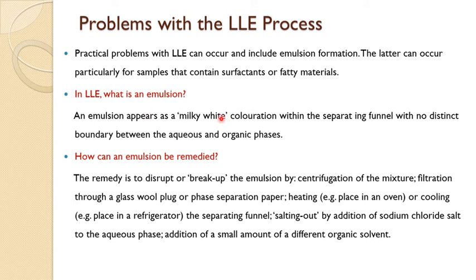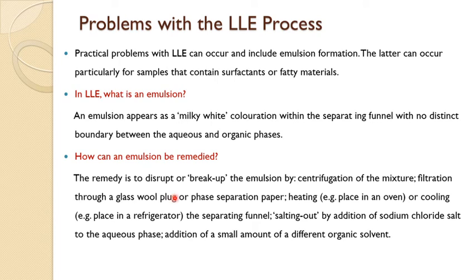At that point, a milky white precipitation or coloration occurs, and that is nothing but the emulsion. So the question may be asked, what is meant by the emulsion? The emulsion occurs as a milky white coloration within the separating funnel with no distinct boundary between the aqueous and organic phase. So how to remedy that?